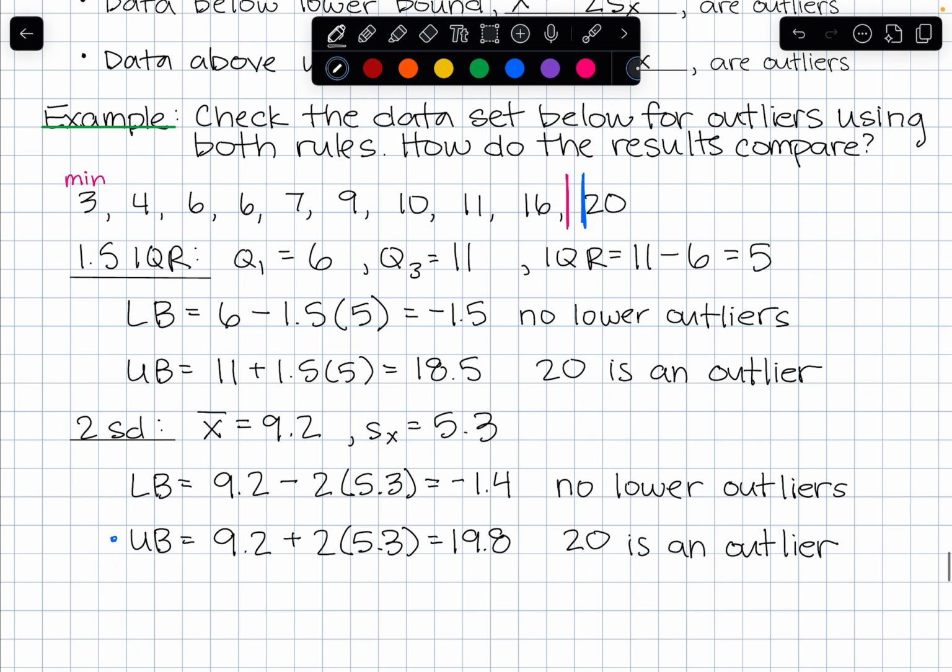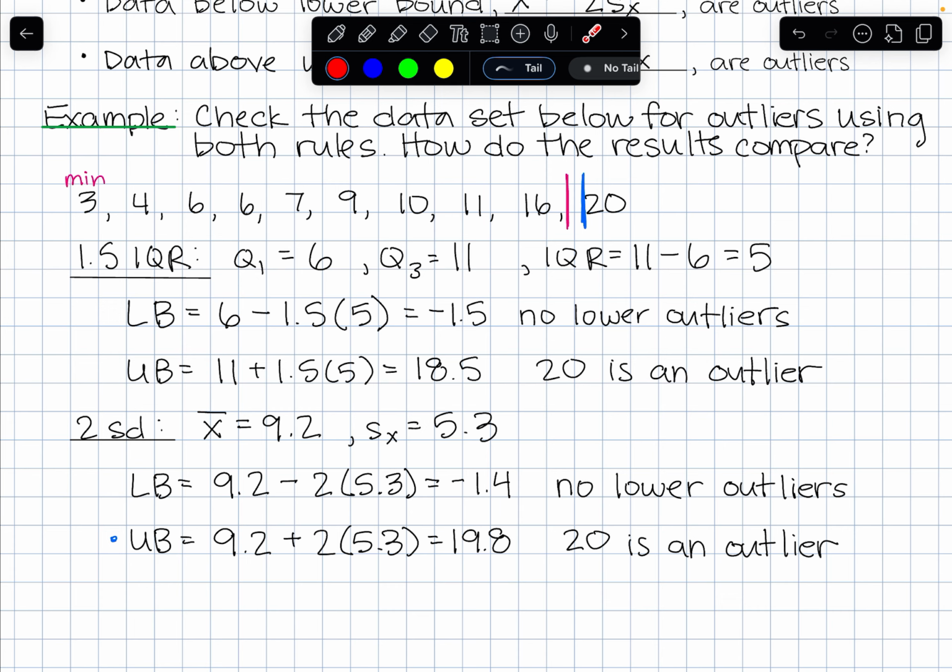As a side note, if you look at where those limits are, the lower bound for the IQR rule was a little bit lower. The upper bound was also a little bit lower. Whereas here, negative 1.4 is bigger than negative 1.5. 19.8 is bigger than 18.5. That 2SD rule shifted our boundaries up a little bit on the number line.